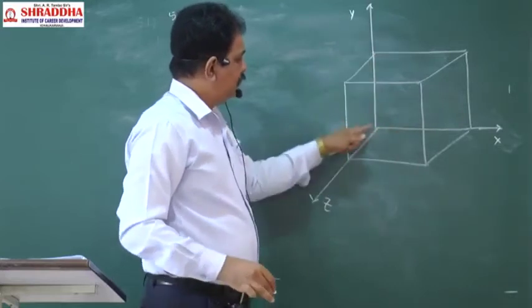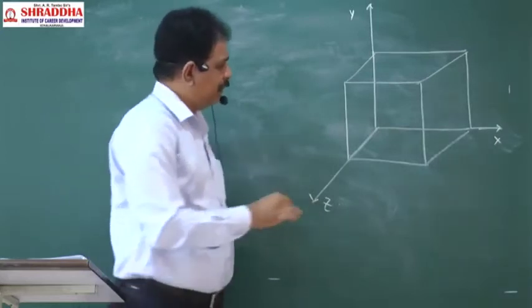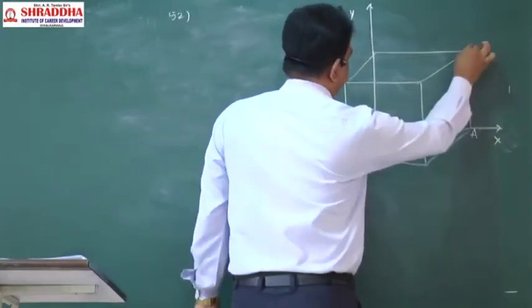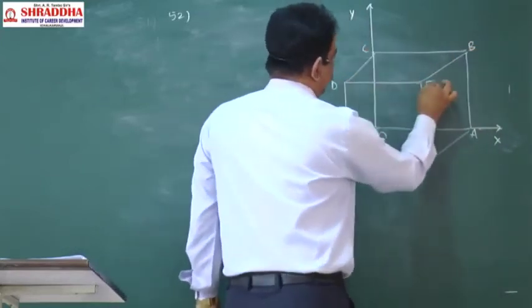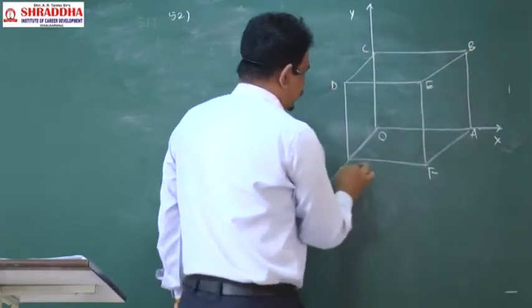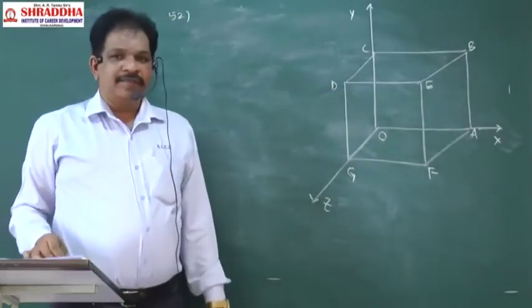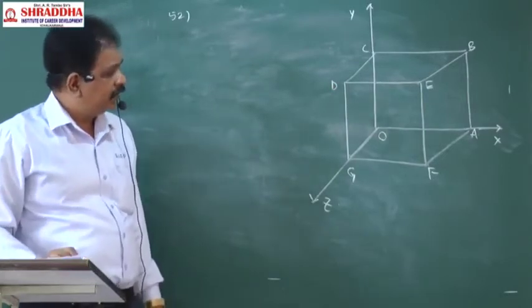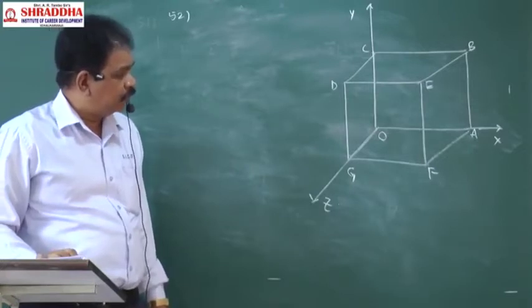X, Y, Z. We'll mark the points, anyone. O, A, B, C, D, E, F, G. These are the points. Then any diagonal you can take and we can find the angle between the two.